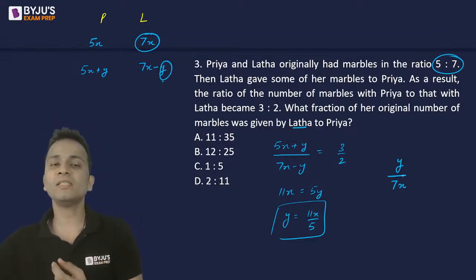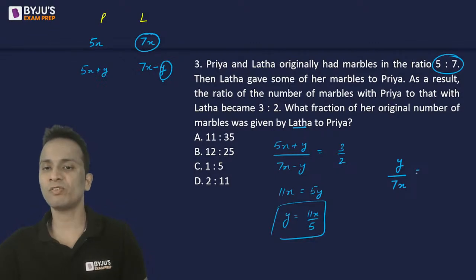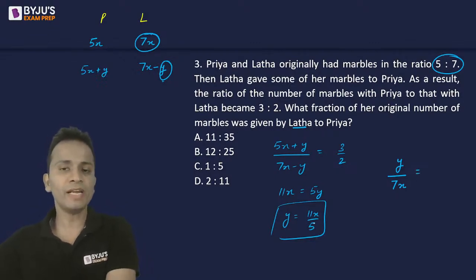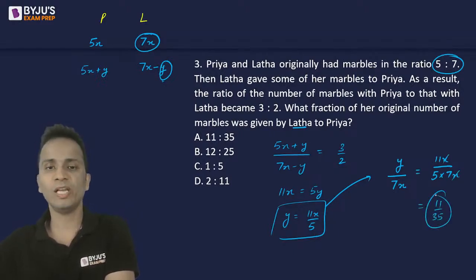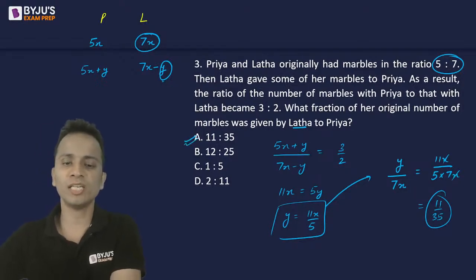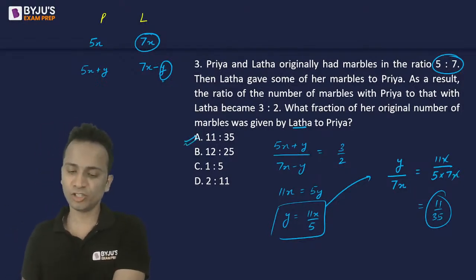So y is what fraction of 7x is what we have to calculate. I will substitute the value of y in terms of x, so it will be 11x upon 5 into 7x. X will get cancelled, so this will be 11 upon 35. So 11 upon 35, that is option A, is the correct answer of this question.